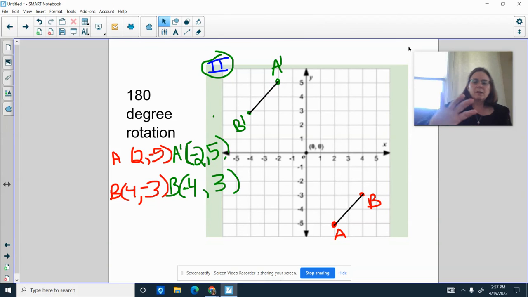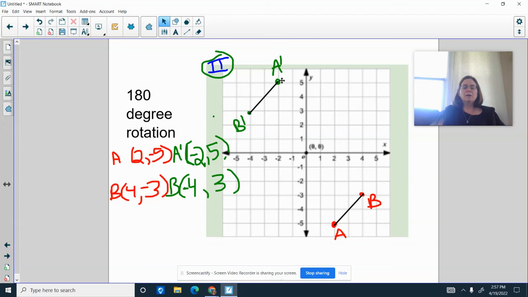If you notice, the original A, the red pre-image, is on the left, but when you rotate it 180 degrees, it shifts over to the right because it's turning 180 degrees.